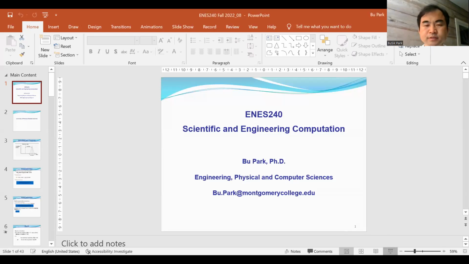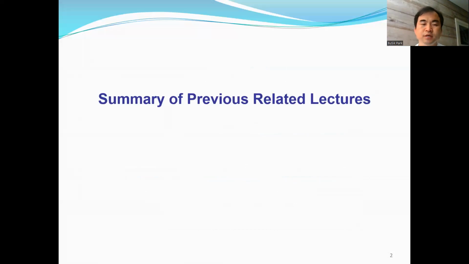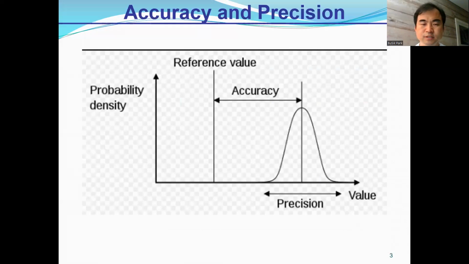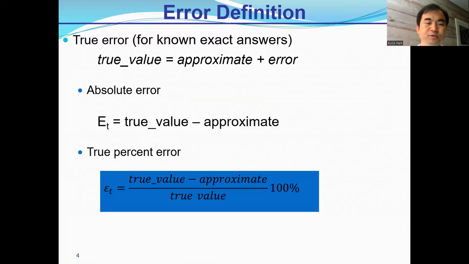ENES240, Chapter 6. First, a summary of previous lectures. Accuracy is the reference value minus the calculated value, and precision is how densely the values are accumulated.